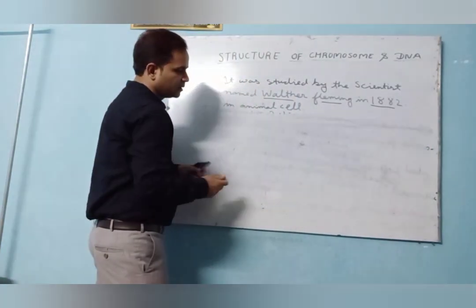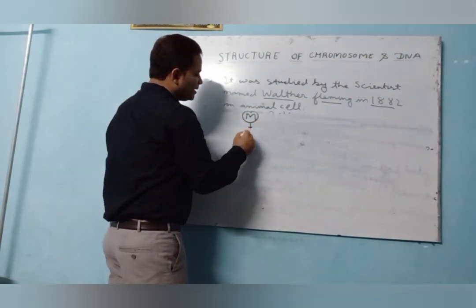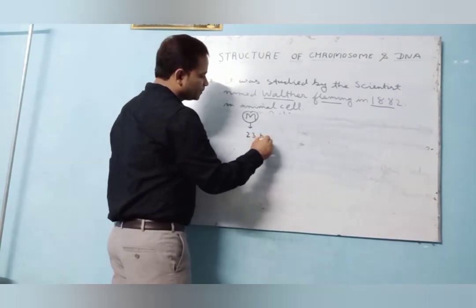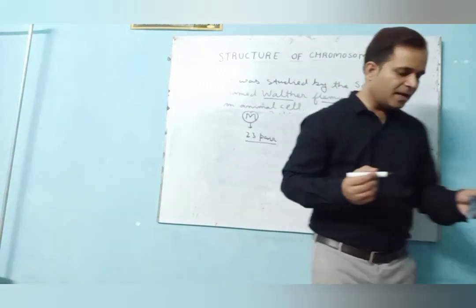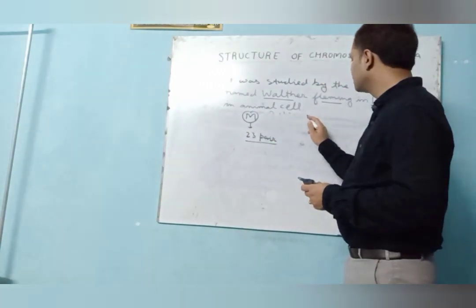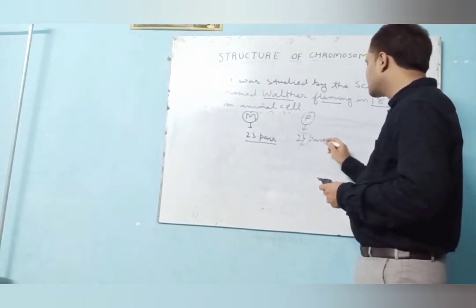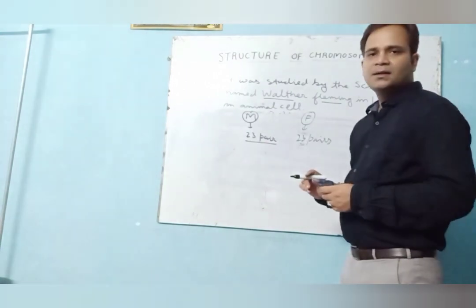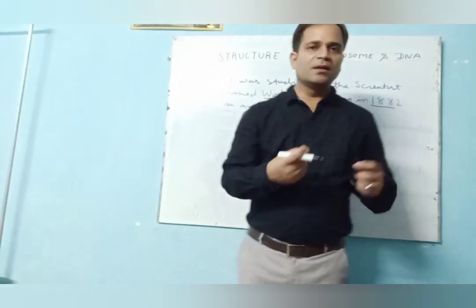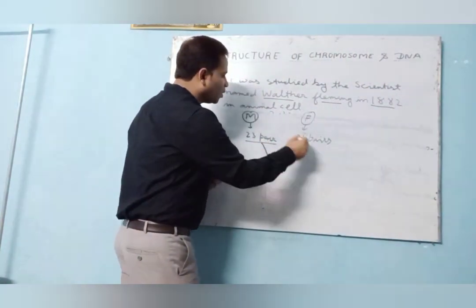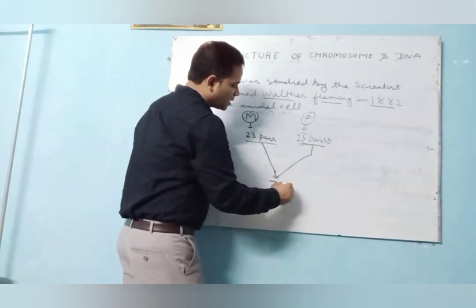Suppose from the male side, 23 chromosomes come from the male, and 23 from the female. These 23 from the male and 23 from the female come together to form the zygote.